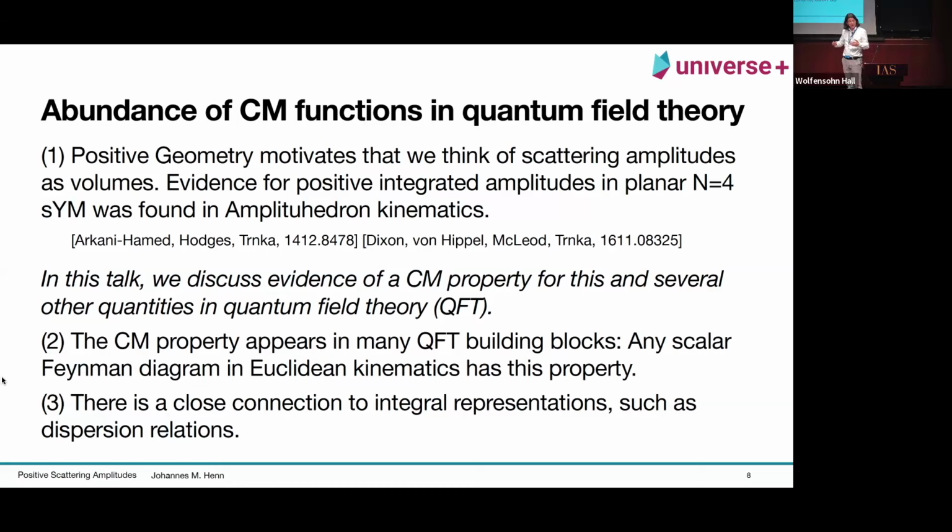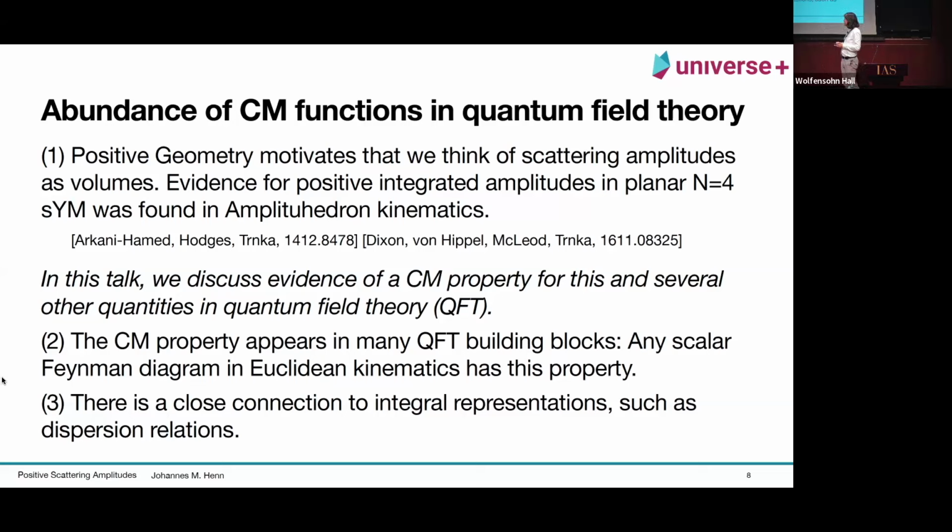So in this talk, I'm going to check those cases for these infinite further positivity conditions in the derivatives. That's for those special quantities like the remainder function in N=4 super Yang-Mills. But then I'm going to argue that actually the CM property is much more widespread in terms of building blocks in quantum field theory.